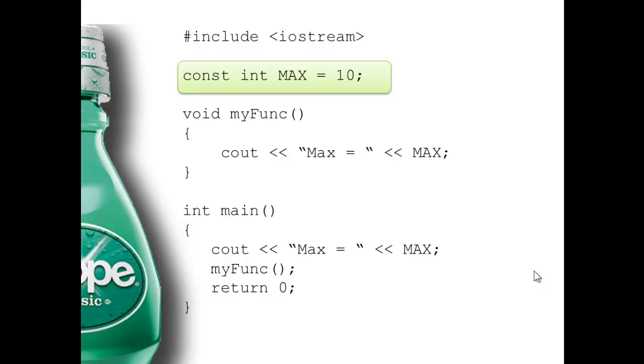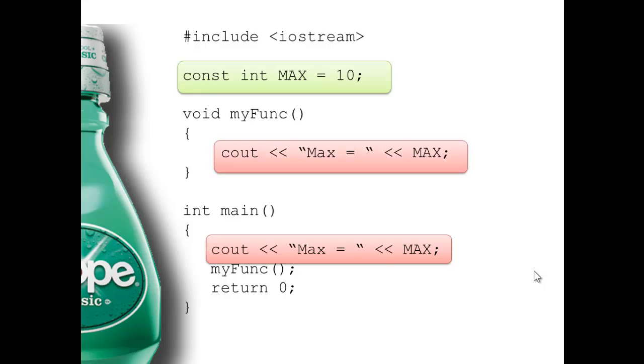Because I have defined this constant up here at the top between the preprocessor and the first function definition, it is globally visible. And that means when I call max here within main, the value of 10 will get substituted. And then as execution proceeds and we call my function, it is also visible within my function.